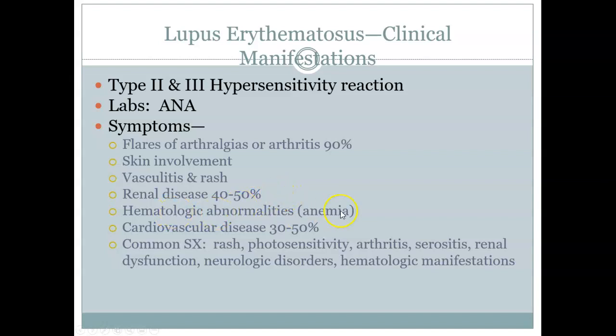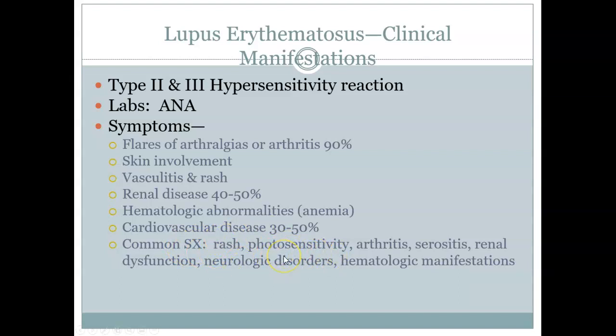They will develop some anemias. I know she did have some anemia issue. She definitely had skin involvement. She had the rash. She had flares of joint pain. Cardiovascular disease. She eventually developed heart failure. And then common symptoms: rash, photosensitivity.